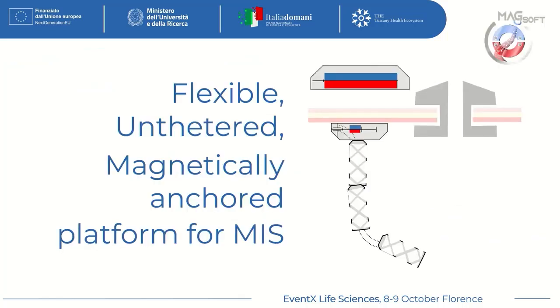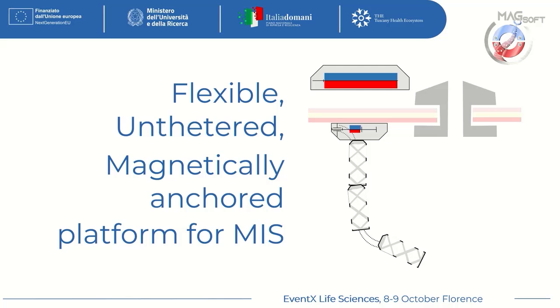Okay, so this is a very basic sketch of our flexible untethered, magnetically anchored platform for minimally invasive surgery. So the idea is that you have a small aperture in the human body, and from this small aperture you can deploy your module.